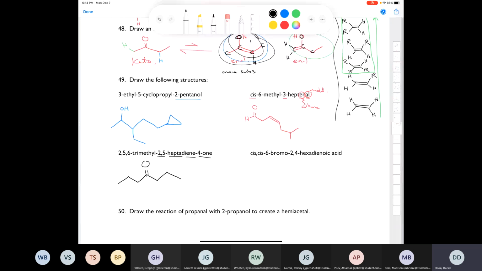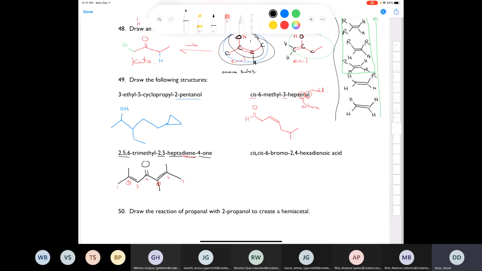Then at carbons 2 and 5, we have enes. Dienes. So that means we've got a double bond here, and we've got a double bond here. Then at carbons 2, 5, and 6, we have methyls, like that.